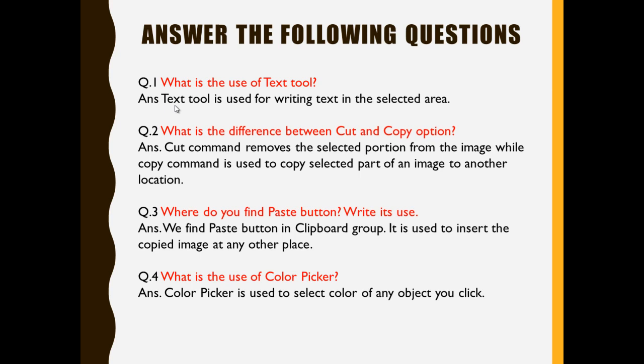Answer, cut command removes the selected portion from the image, while copy command is used to copy selected part of an image to another location. It means cut is for removing the portion and copy is for making one another image to another location.